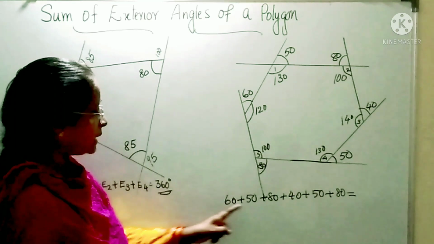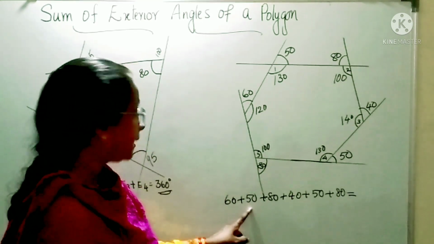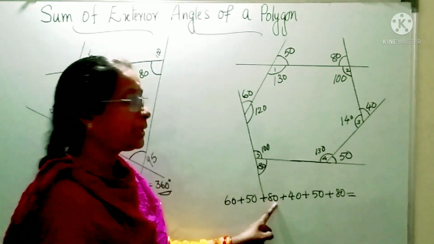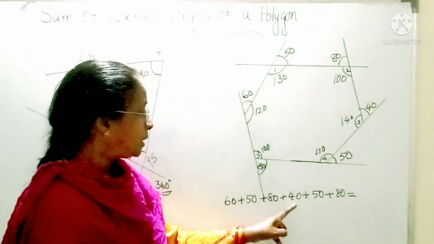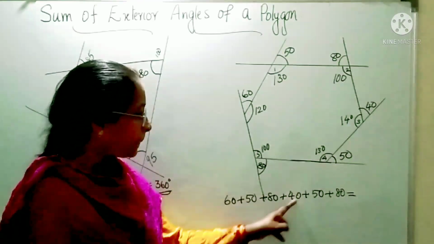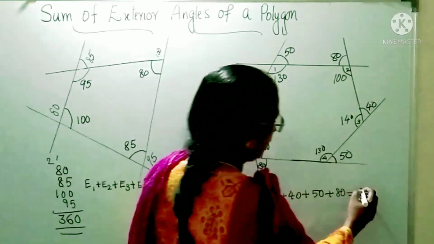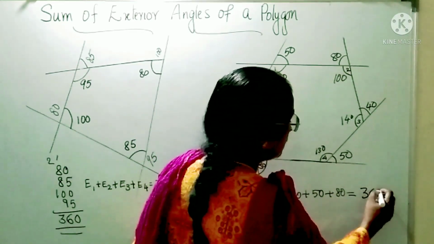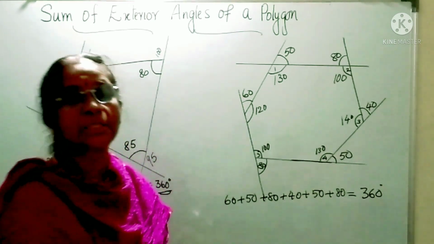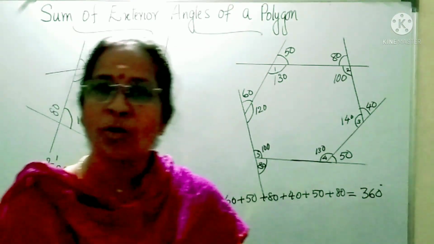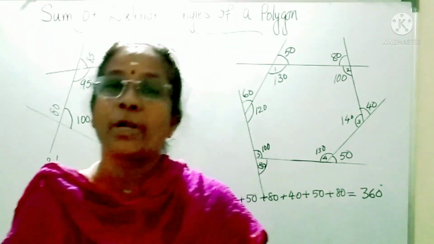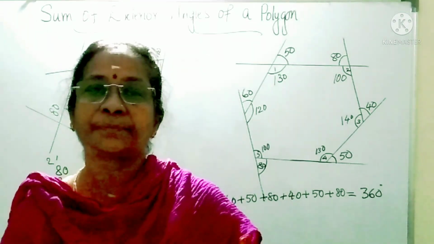Let us find out: 60 plus 50, 110. Plus 80, 190. Then 230, 280, and then 360.